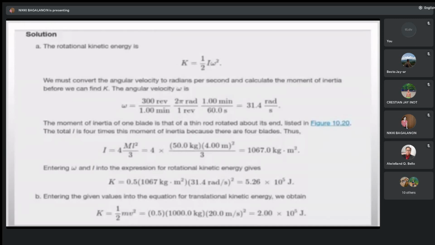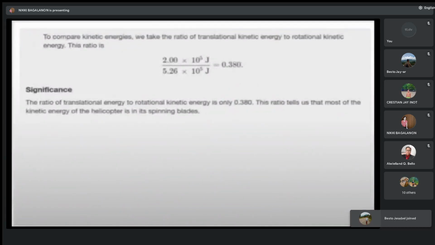Letter B, entering the given values into the equation for translational kinetic energy, we obtain kinetic energy, mass in kilogram, velocity in meter per second squared. 0.5 times 1,000.0 kilogram times 20.0 meter per second squared is equal to 2 times 10 raised to the power of 5 joule.